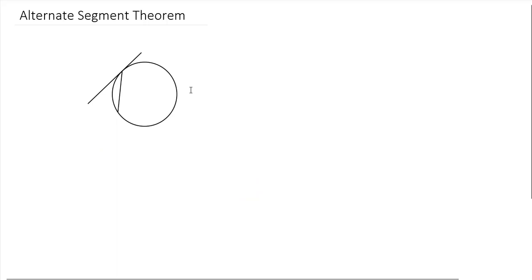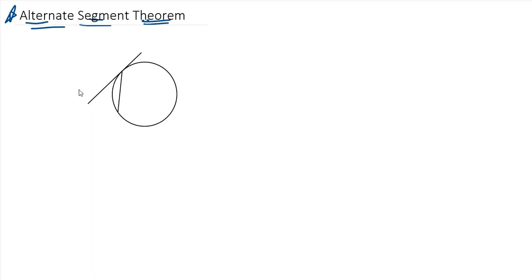Let us now understand the most important theorem from the point of view of circles, the alternate segment theorem. Let us consider this figure. This is the tangent to the circle at, let's say, point A, and this portion is the chord of the circle, let's say AB.